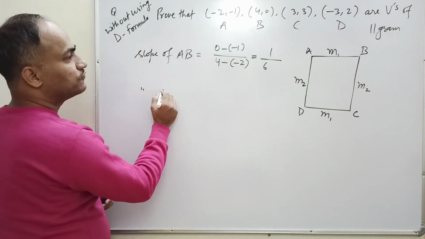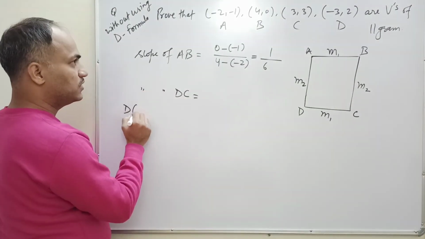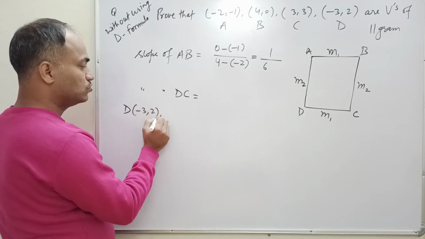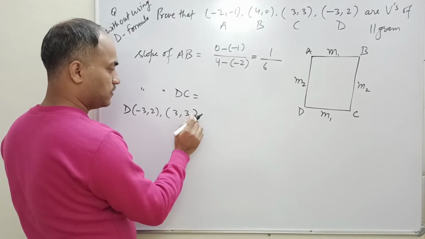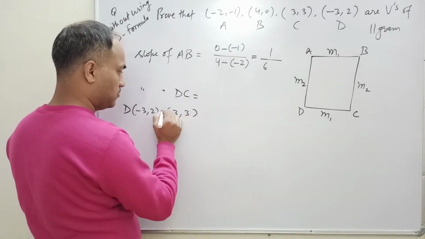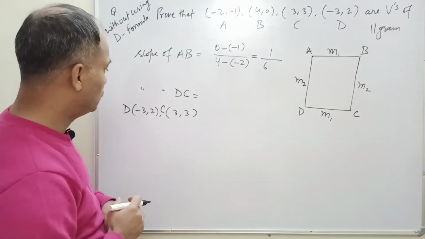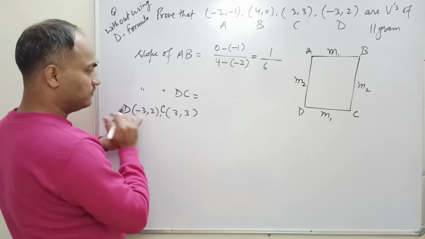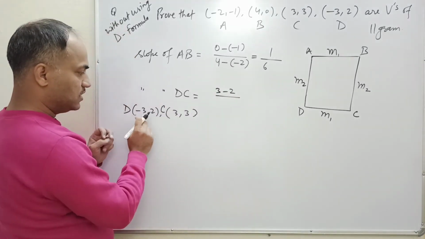Now slope of DC. So let us write the point D, minus 3, 2 and C. This is C point. Now for these 2 points, let us find the slope. y2 minus y1, 3 minus 2 upon 3 minus 3.